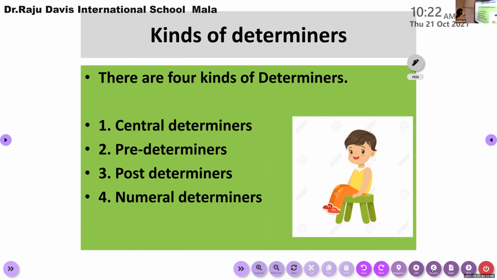Here we need to concentrate only on central determiners. Once you are clear about central determiners and can identify them, it is easy for you to trace predeterminers, post determiners, and numeral determiners.